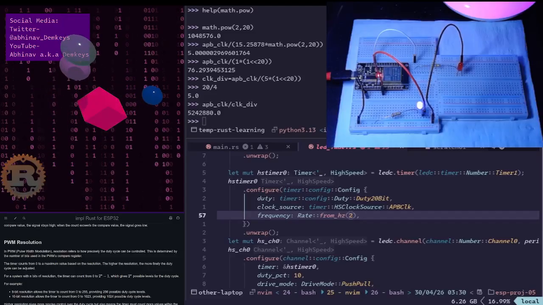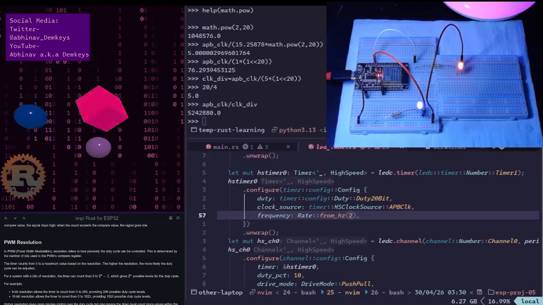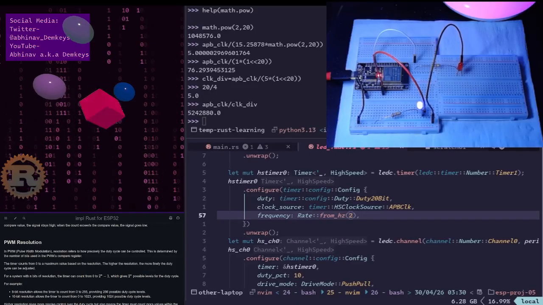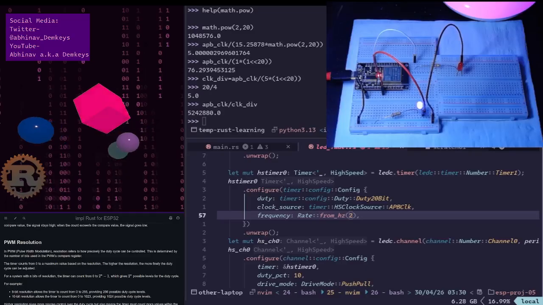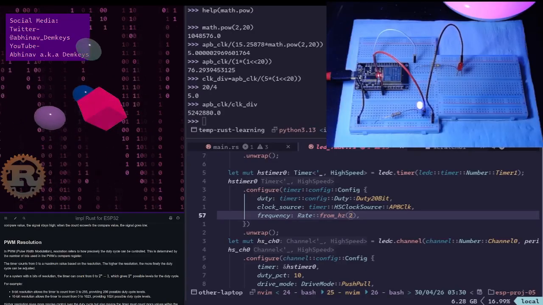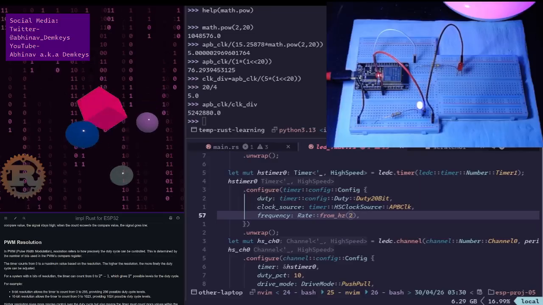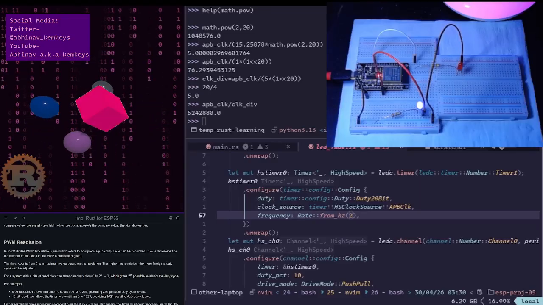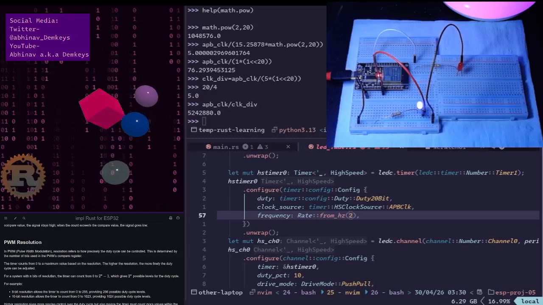I haven't actually looked, to be honest, but I haven't found a way to select a different clock other than the APB clock. So that's our main clock source, 80 million hertz, basically our base clock.